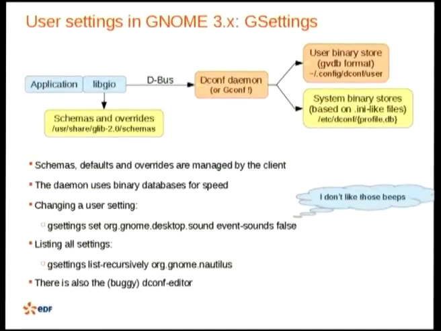You only need the daemon to write. So you can change the setting using the gsettings command, which is what I recommend to use as user. You have a dconf-editor command. Don't complain if it crashes. It will crash sometimes. But it can be useful to look in the tree for a given data.